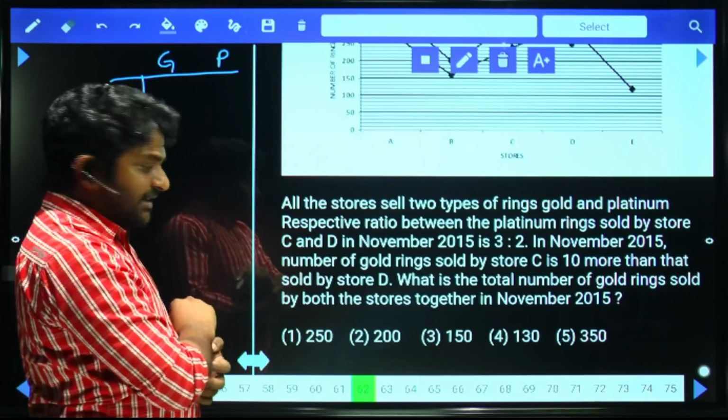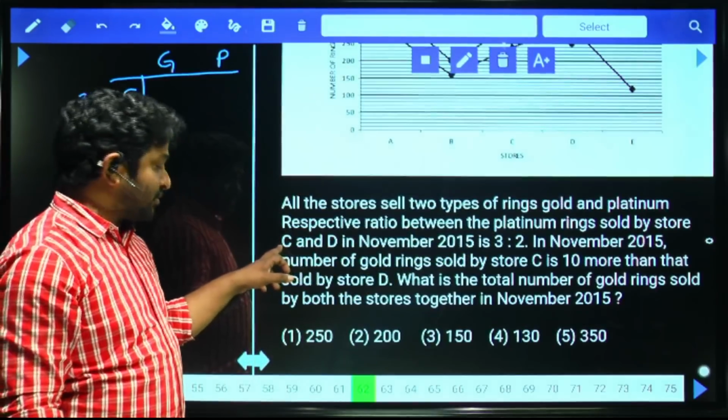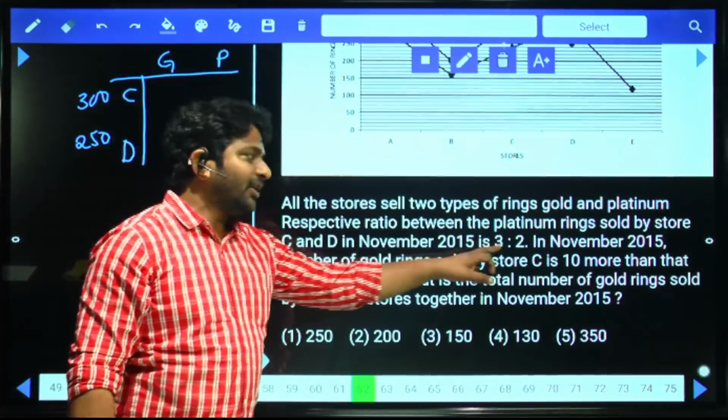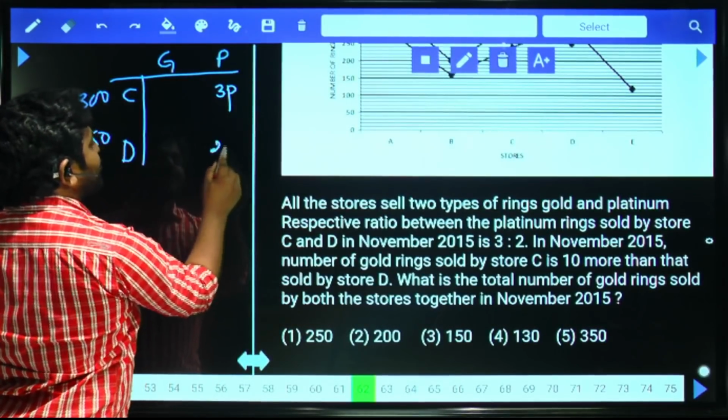Now the information says platinum rings sold in stores C and D are in the ratio 3:2. Platinum here is 3 parts and here it is 2 parts.